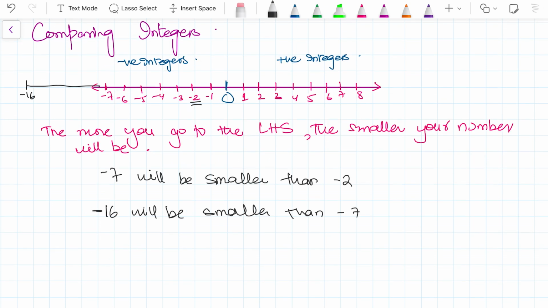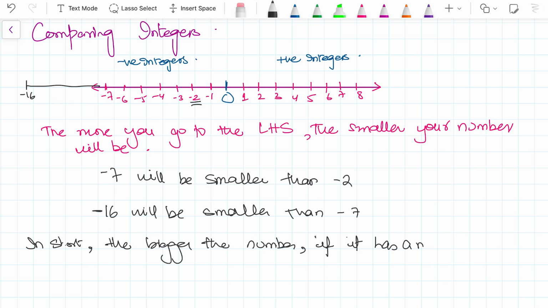So in other words, in short, what we can say is, the bigger the number, if it has a negative sign, the smaller it is.